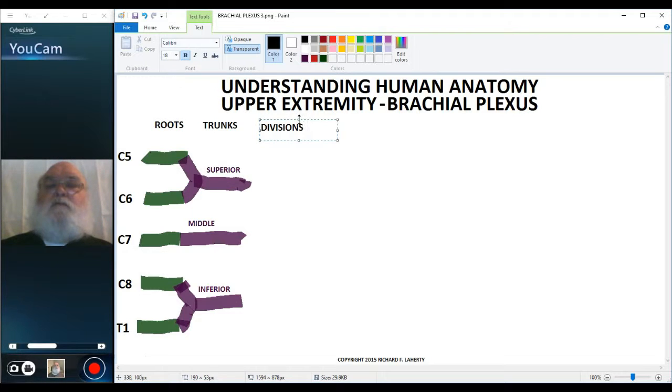So the roots come together to form the trunks. The trunks then divide into anterior and posterior divisions.